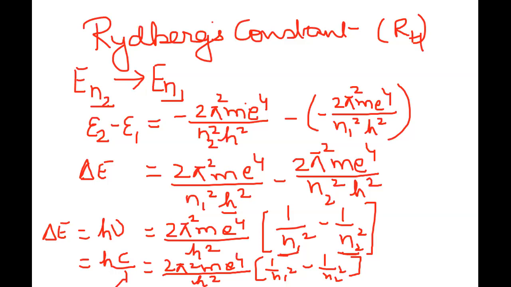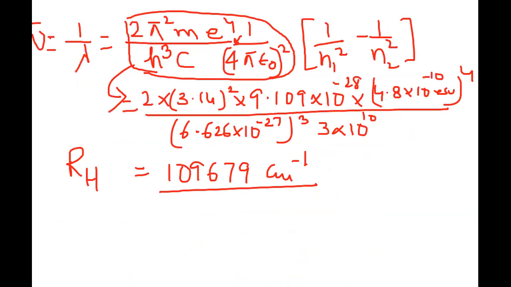Now related to this, what are the other things you are supposed to know? What kind of questions can you get from this? Let us say you get a question like, which one is the shortest wavelength in the Lyman series, and which one will have the longest wavelength?